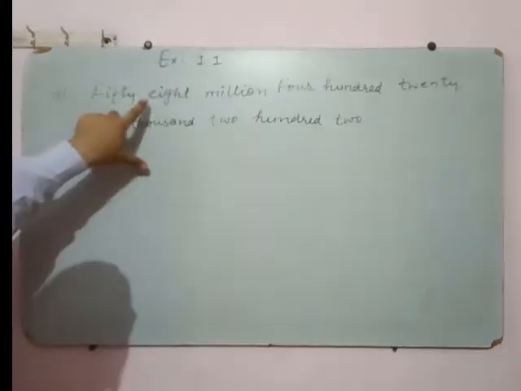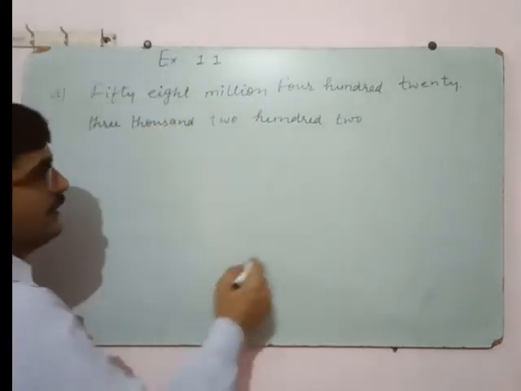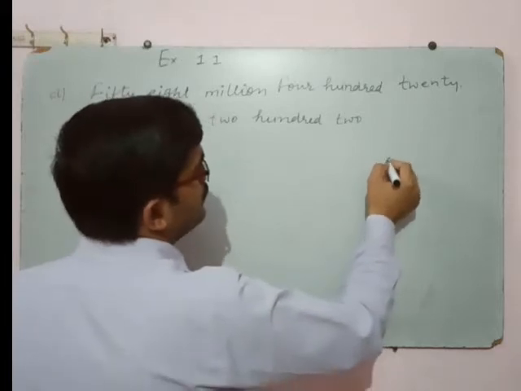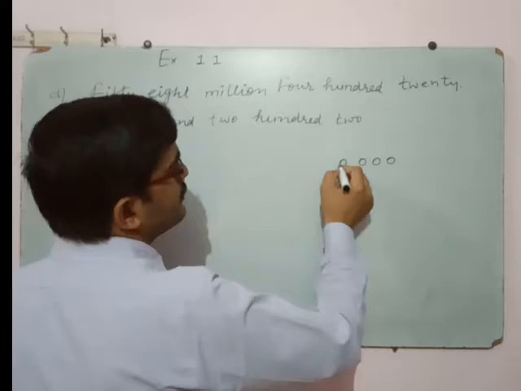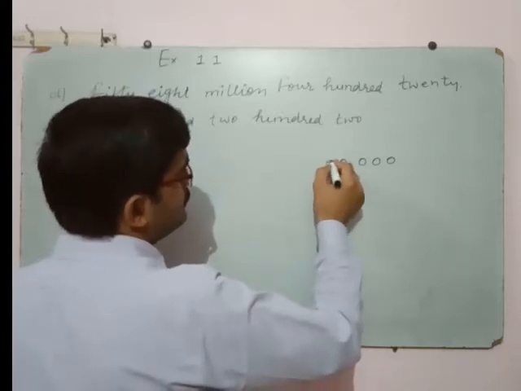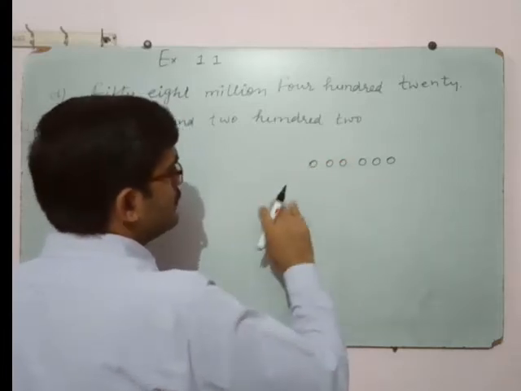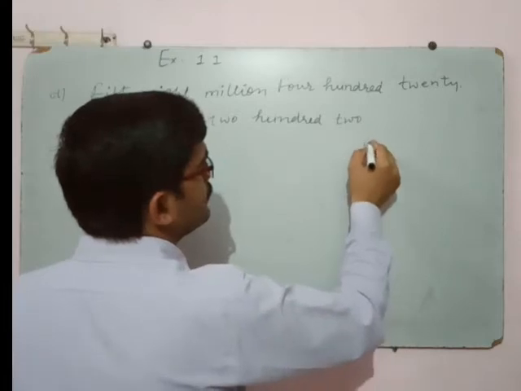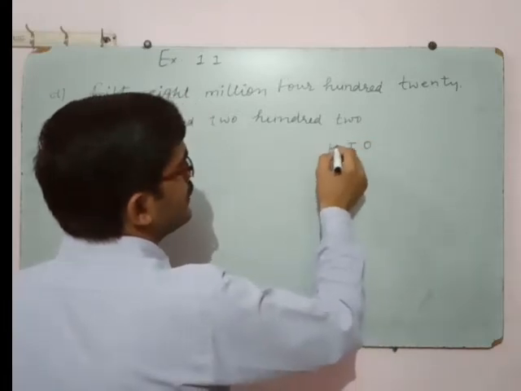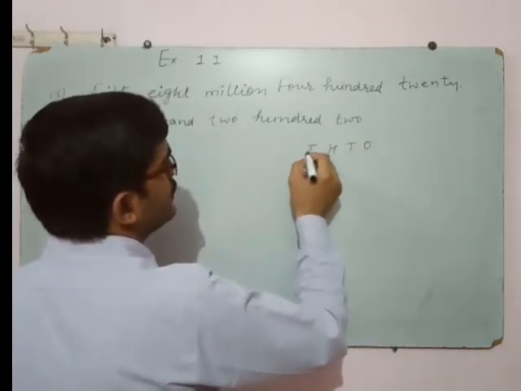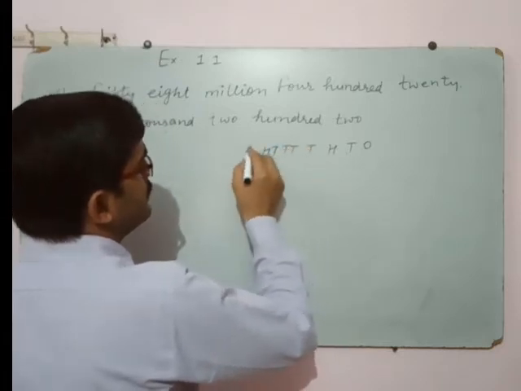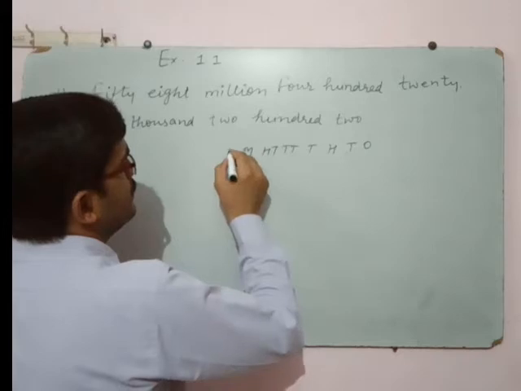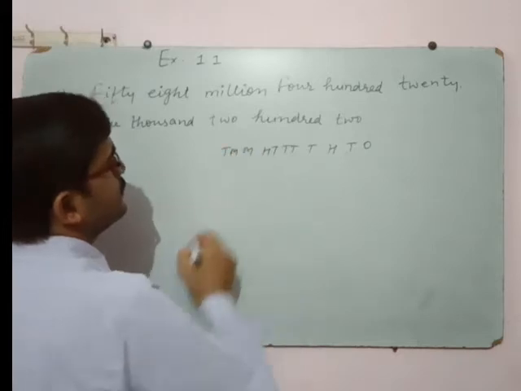Next 58 million. So first you will write the places. Ones, tens, hundred, thousand, 10,000, 100,000, million, 10 million.